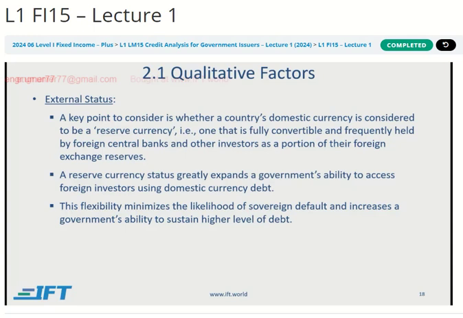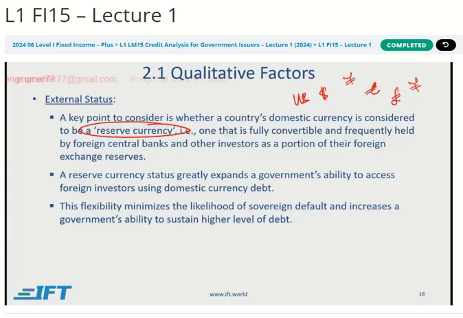So the key point here is nothing beats the US dollar right now because it is the world's reserve currency, right? And to some extent, of course, the euro is a reserve currency. To some extent, the pound might be a reserve currency. Maybe the yen is starting to position itself. The yuan, RMB, right?